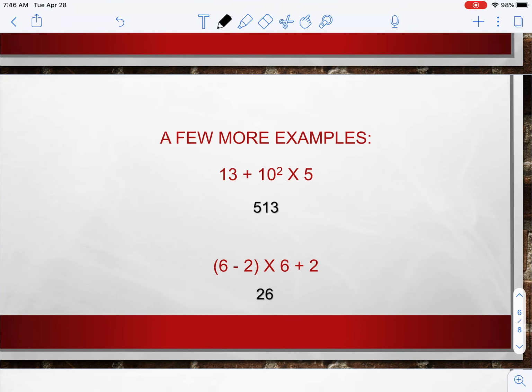Here's another example. Of course, I have the answer here, but that's okay. How did I get 513? 13 plus 10 to the second times 5. Well, let's look at that. Remember, please excuse my dear Aunt Sally.